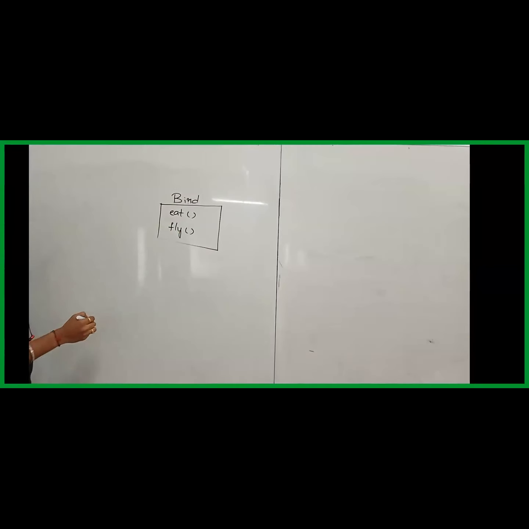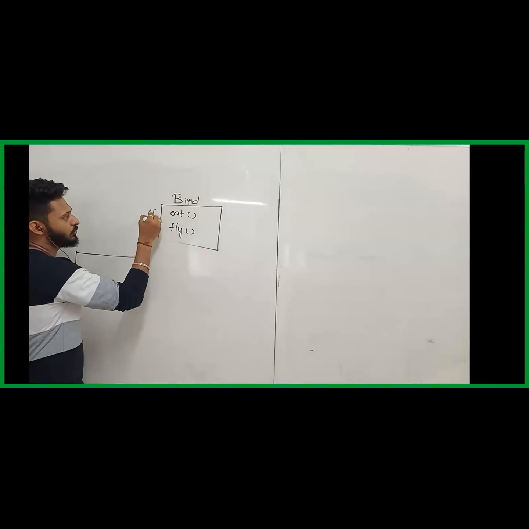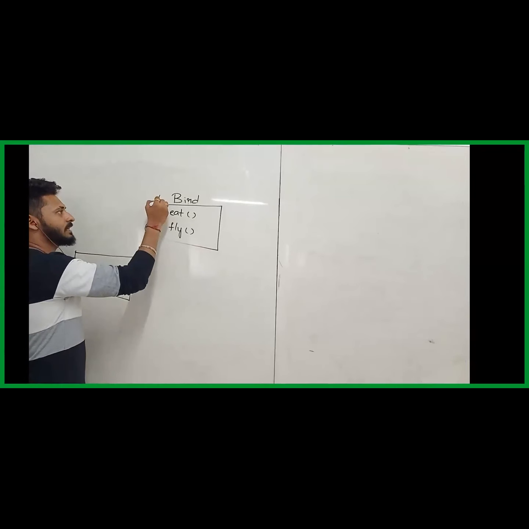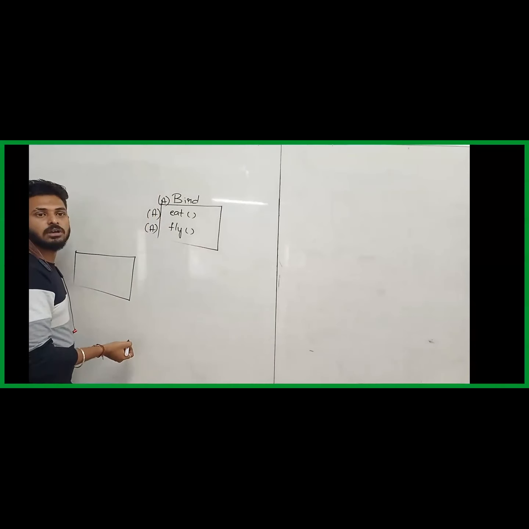Yes or no? But when I say birds, there are wide categories of birds. Some birds will eat in some other way. Some birds will fly in a different way. So what I will do here, I'll make two more categories. But before that, I'll make these two methods abstract. If these two methods are abstract, the class is also abstract.